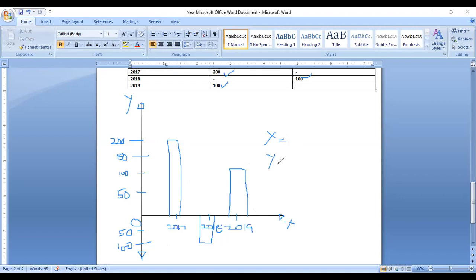On y-axis, 1 centimeter is equal to 50 crores. Has been depicted like that. We have to show. These are known as deviation bar diagrams. Okay. I hope you understood.